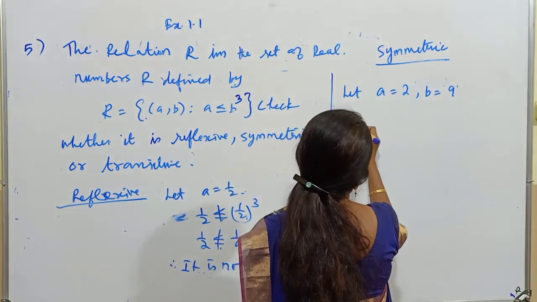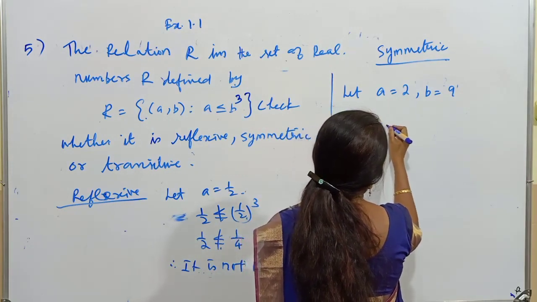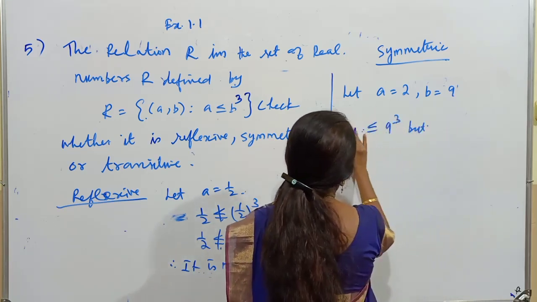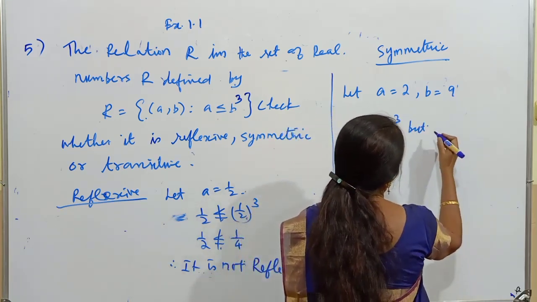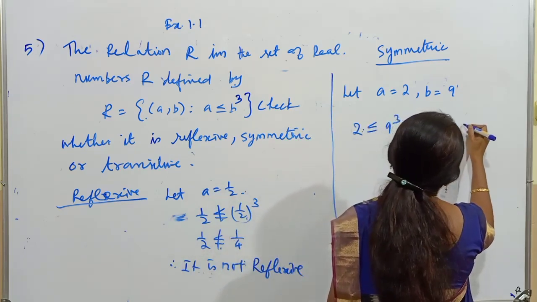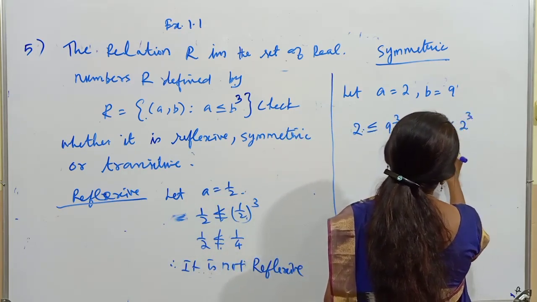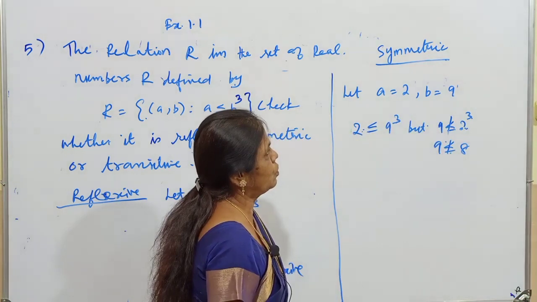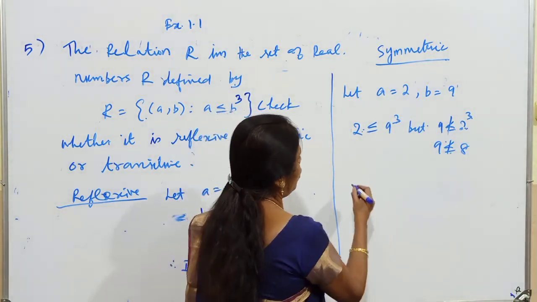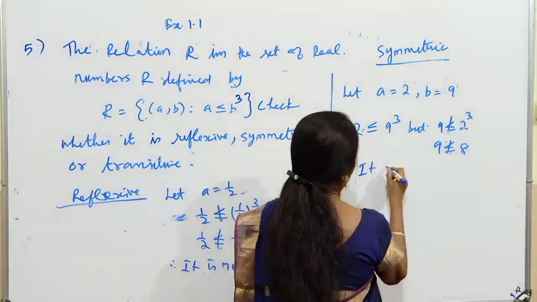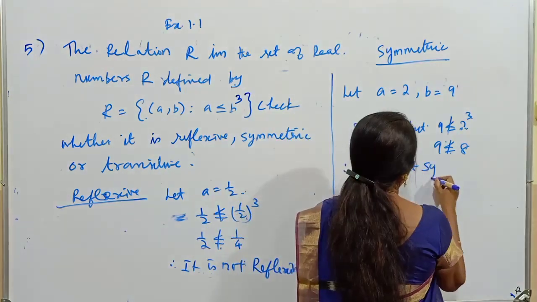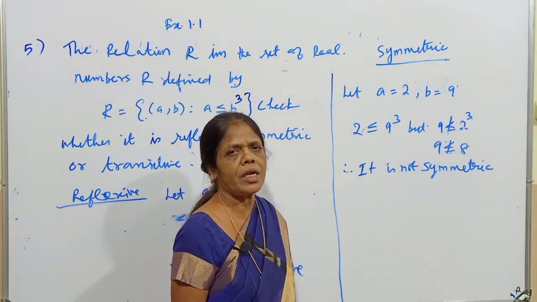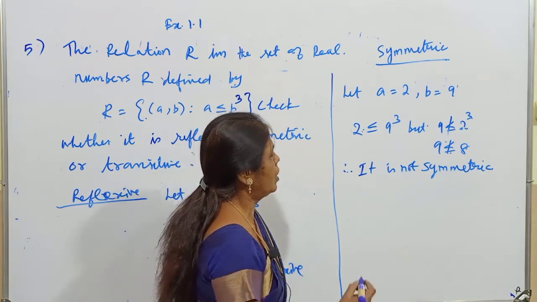So now 2 is less than or equal to 9 cube, but 9 is not less than or equal to 2 cube. So 9 is not less than or equal to 8. Okay, you are taking 2 and 9. Therefore, it is not symmetric. Listen children, you have to remember this number. I also remember these numbers only. On the spot you cannot think and write. Okay, right. Transitive.